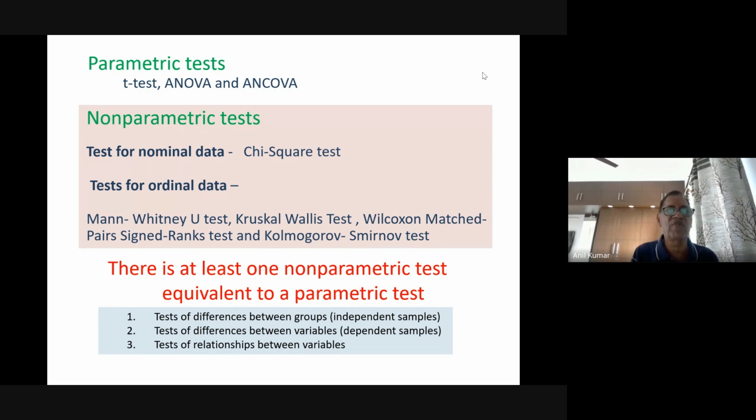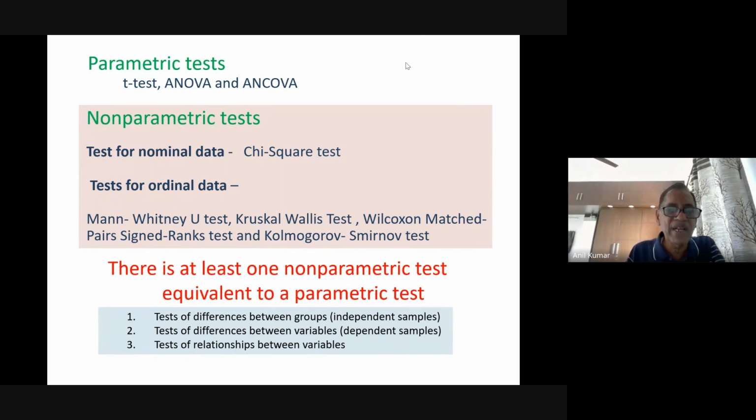So you cannot think of applying t-test, ANOVA or ANCOVA. But when you have ranks only, you should go for non-parametric tests. Otherwise, if you forcefully apply parametric tests, they will not provide appropriate, accurate, dependable or reliable results.